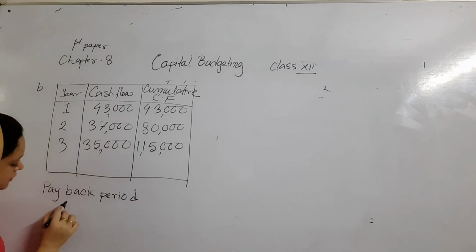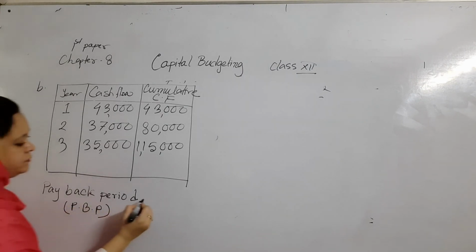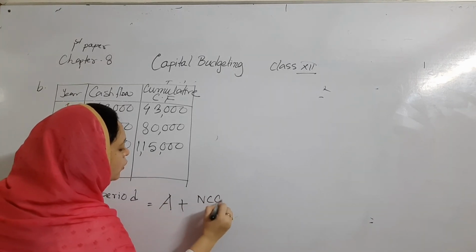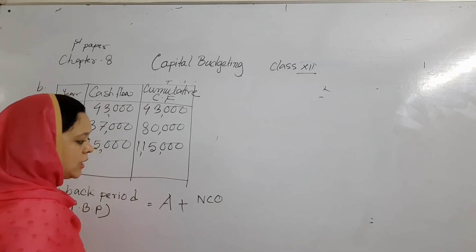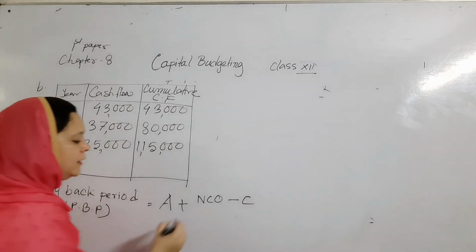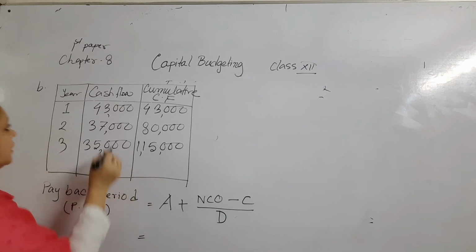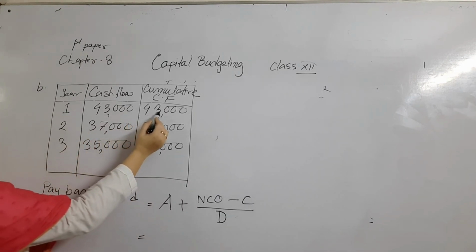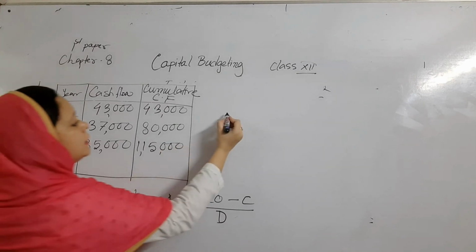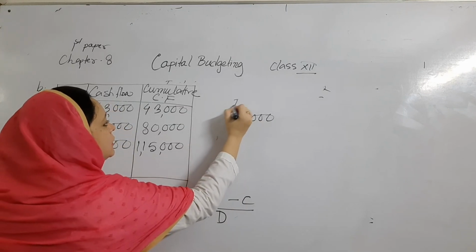Here PBP equals A plus NCO, it means net cash outlay, minus C, which means cumulative of full year, divided by D, the next year cash flow. Here A, we can see that 43,000 is near the initial investment, which is 75,000.